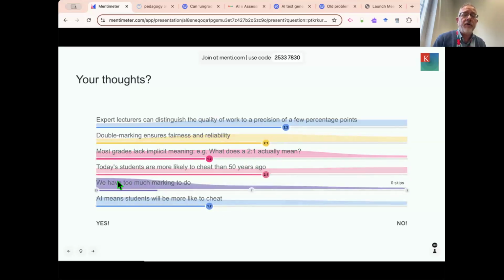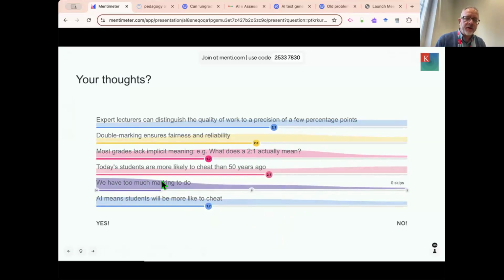No real spread here, real dominance of the yes here. Unsurprisingly, I am addressing academics after all, and here we have an interesting spread as well. So the first thing that this will tell you is that there is no real consensus in this space other than we have got too much marking to do.